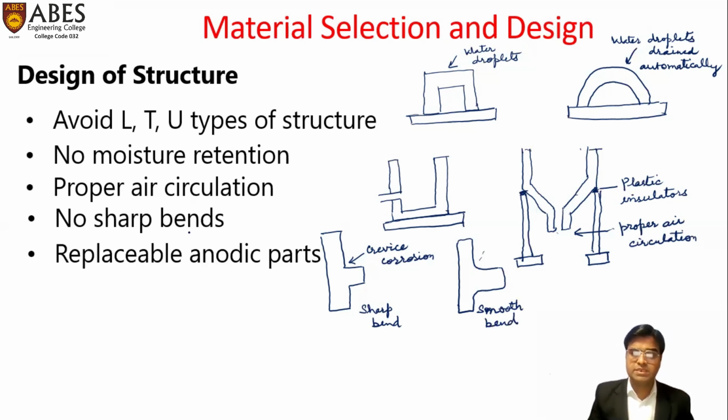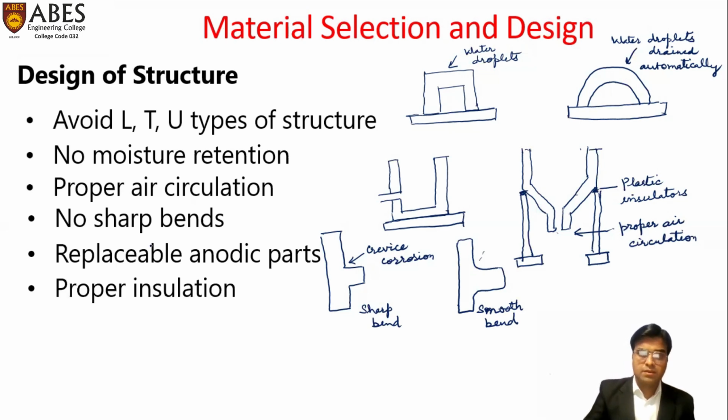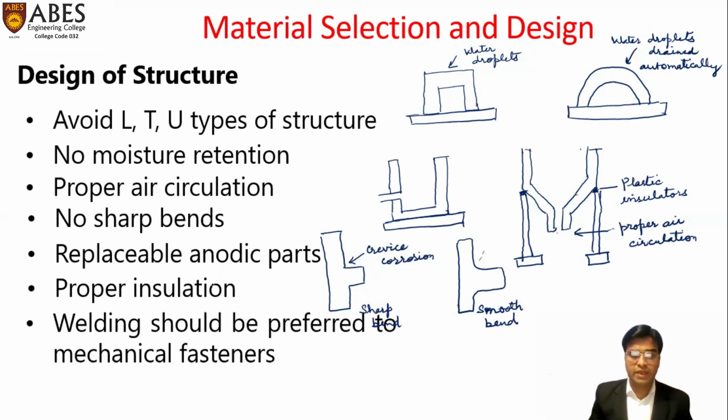Then if the structure has anodic parts, these are the parts which will undergo corrosion. So those should be replaceable so that the whole structure is not damaged. Wherever possible, the structure should have insulation so that it is protected from the stray currents. And wherever possible, we should avoid the mechanical fasteners and we should prefer the welding, because when we have to join two metal parts, suppose these are the two metal parts which we are going to join.